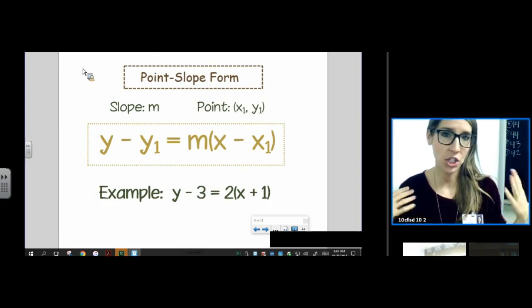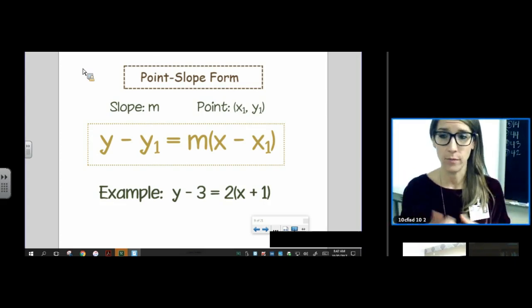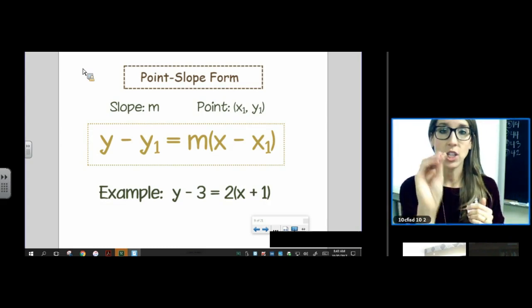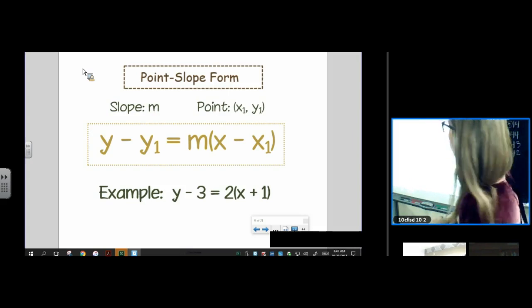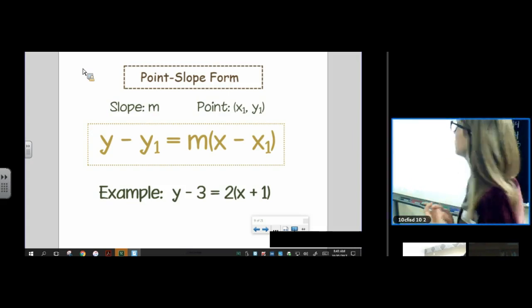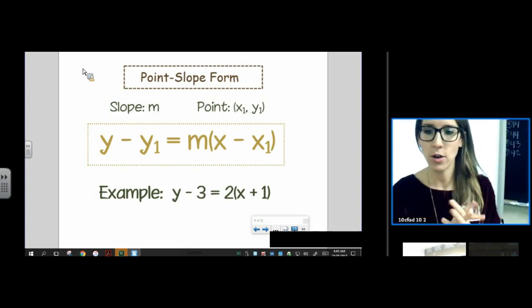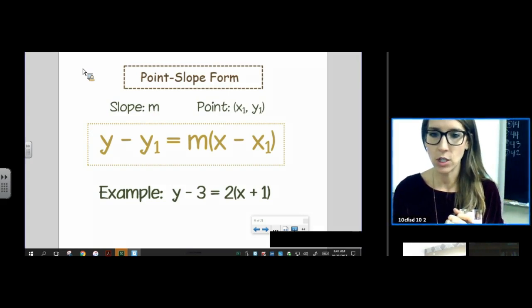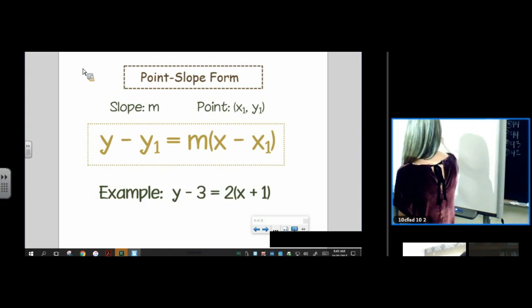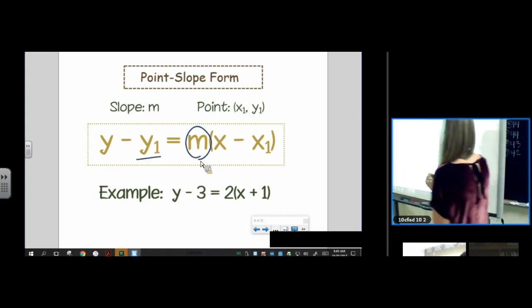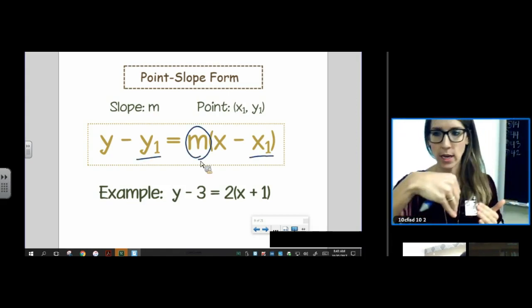Today I'm going to teach you using slope-intercept form. So this one is usable, but we're not going to focus on it this year. You may write it down just so that you have all the information in your notes, but you don't need to worry about it too much. This is where the slope would be, and this is where your point would go if you're trying to plug a point into the form.